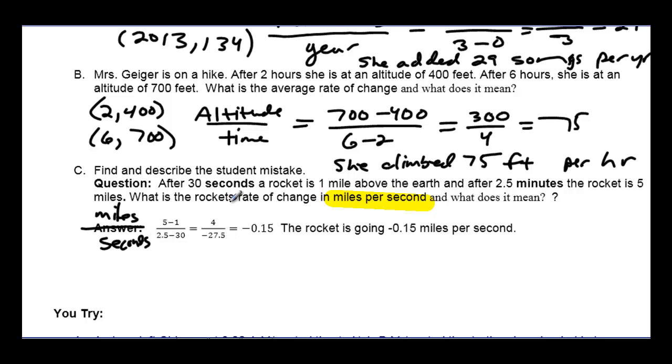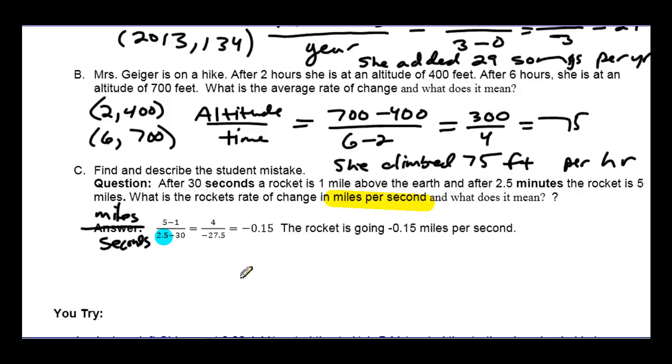Okay, and when we look at the numbers, 5 is a mile number, 1 is a mile number. Okay, so that's good. Then it's 5 minus 1 because we always do y2 minus y1. Alright, on the bottom, 2.5 is not in seconds. Okay, and that is a problem.